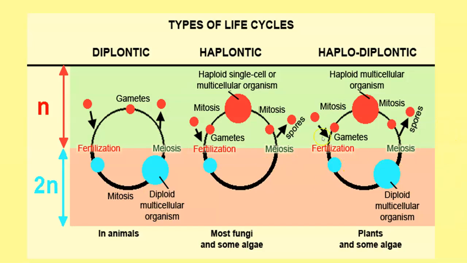So you can see here the diploid multicellular organism undergoes meiosis to produce spores. These spores can fuse together, fertilize and give you the diploid zygote.